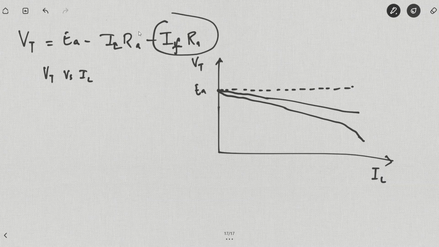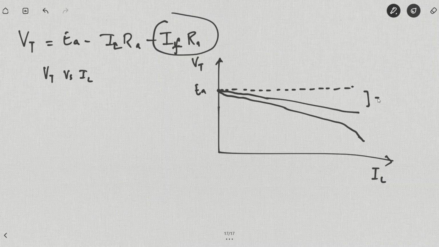This portion refers to the flux weakening portion. As you load the generator and IL increases, it also increases the field current through the field windings, so field weakening will also occur simultaneously.